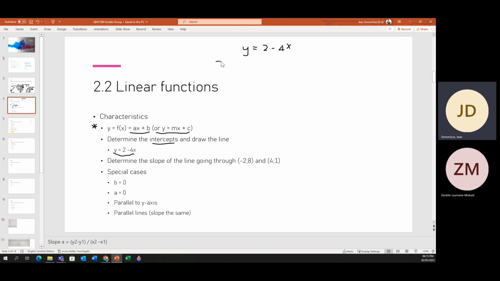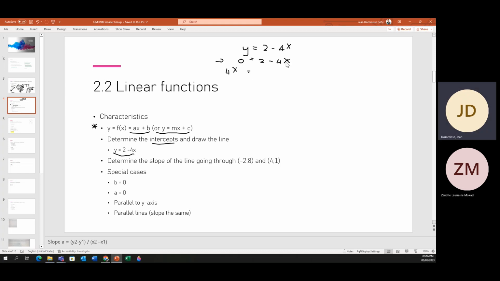So the one intercept is where y is equal to 0. So if y is equal to 0, the rest of it still follows the same principle. Let's take the 4x over because I want to work with something that's positive. So I would have added 4x on both sides.